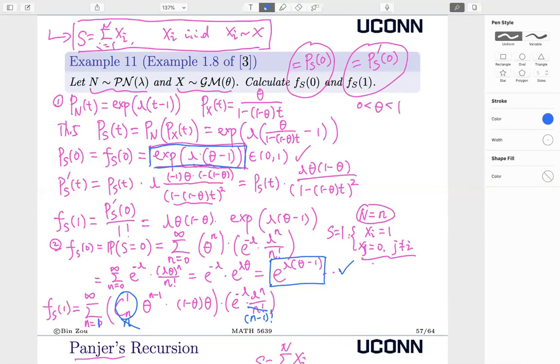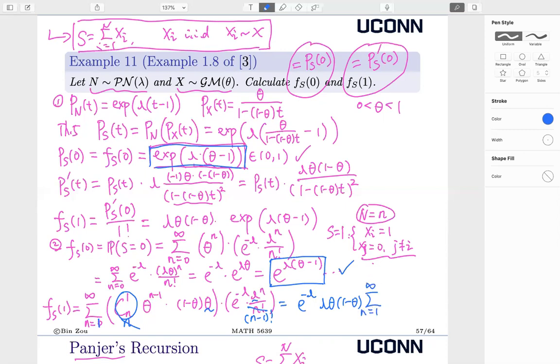It cannot be 1, right? So we can start with 1. Now I can factor out everything. So this has nothing to do with n. I have theta down here. Let's take out one lambda. So I will get lambda theta times 1 minus theta. Now I have the summation n from 1 to infinity.